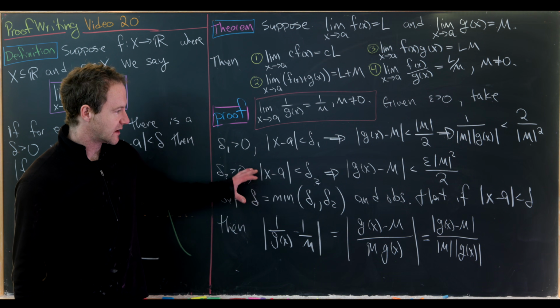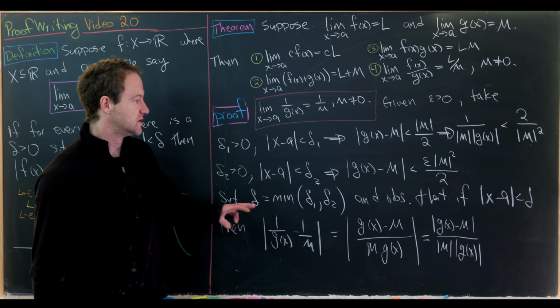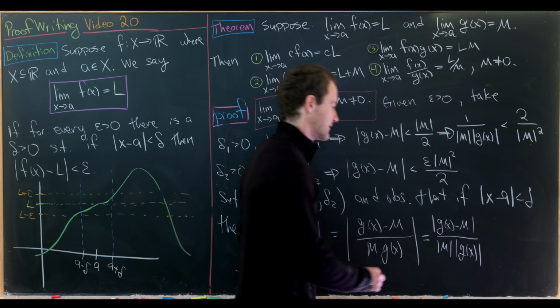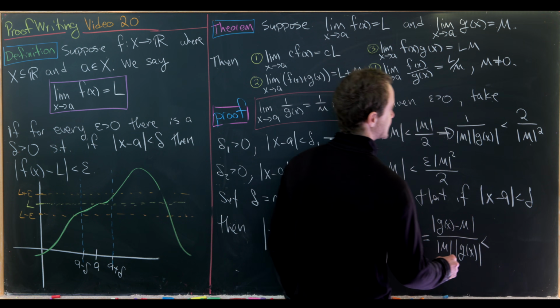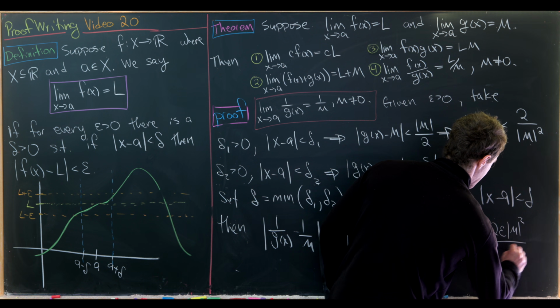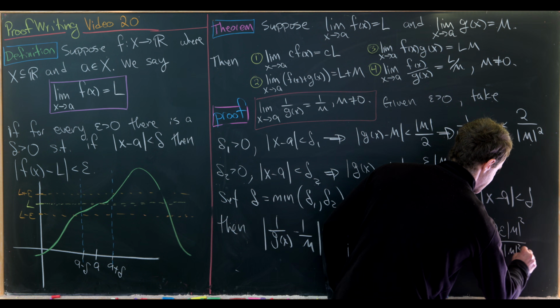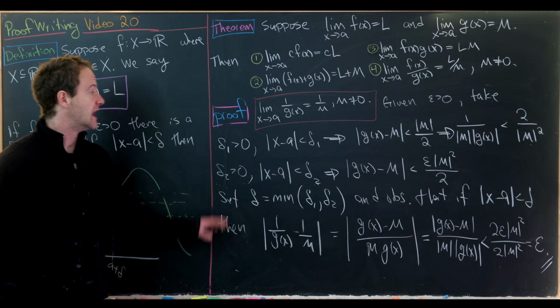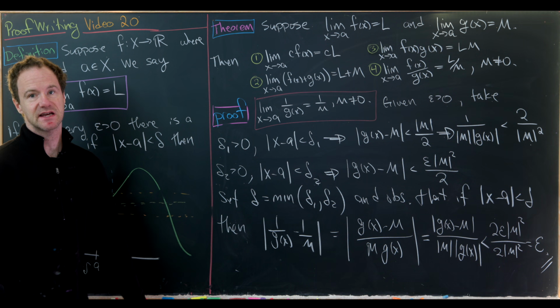But now we can apply our two deltas. So delta 1 will give us this inequality, and delta 2 will give us this inequality. So this is less than 2 times epsilon times the absolute value of m squared over 2 times the absolute value of m squared when putting it all together, but that's equal to epsilon. And that finishes off this last case.